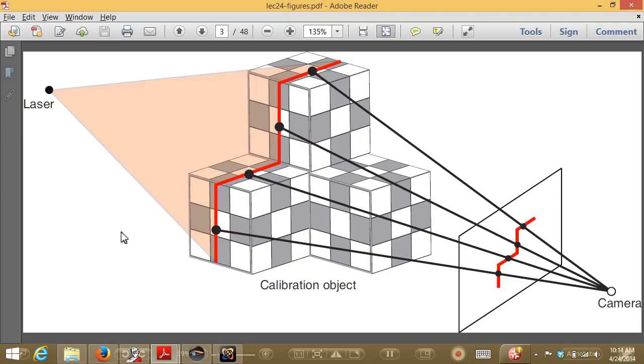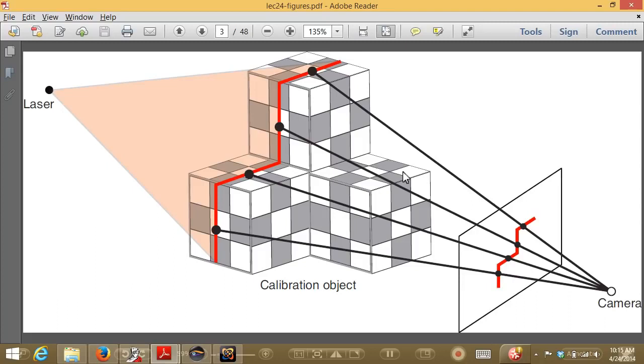So the laser can only hit things on this plane, and as long as I have four correspondences between the points on this laser plane and the points in the image, that's all I need to estimate the mapping from any point over here to any point on the plane, right? That's a simple way of doing calibration. You can do this kind of laser stripe calibration with lots of different types of calibration objects.